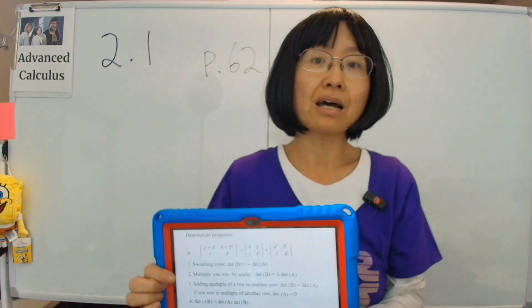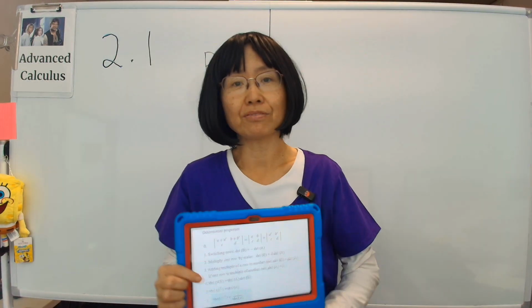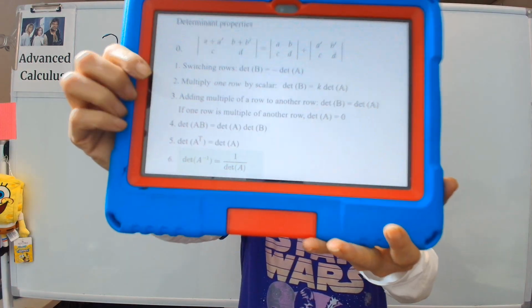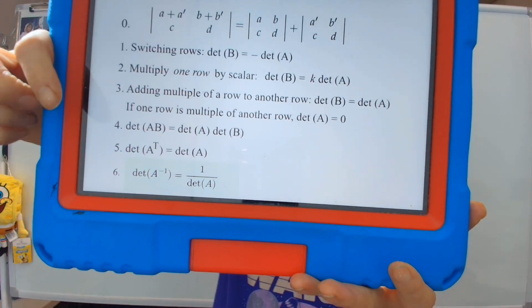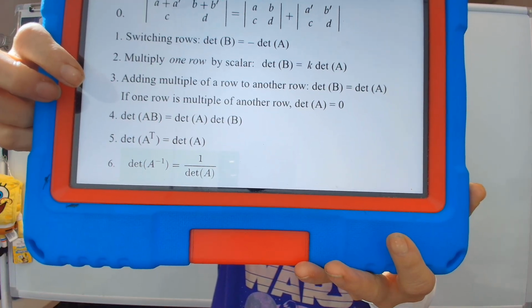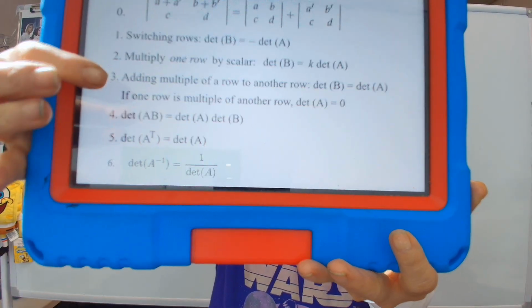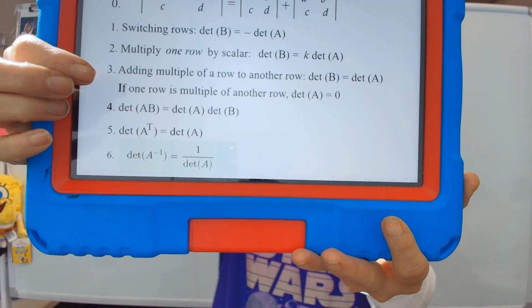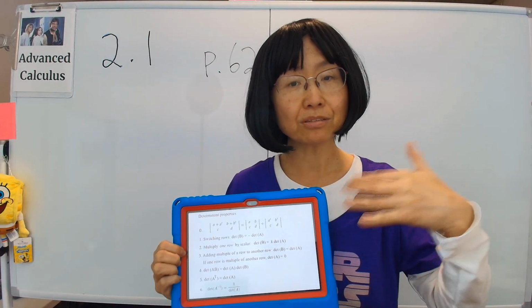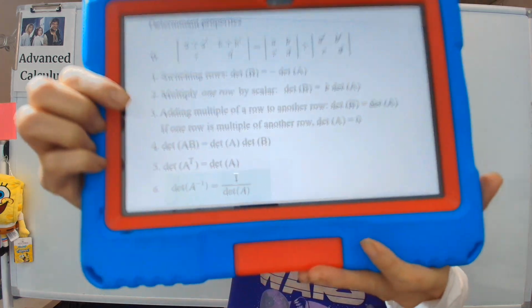If you do work it out, you notice that is a characteristic of determinants. Next, if you're adding multiples of a row to another row, then you will have the same determinant. And specifically, if one row is a multiple of another row, directly proportional to the other row, then your determinant is going to be 0.